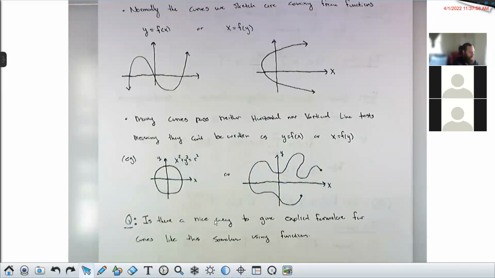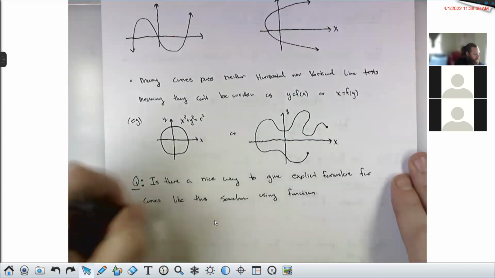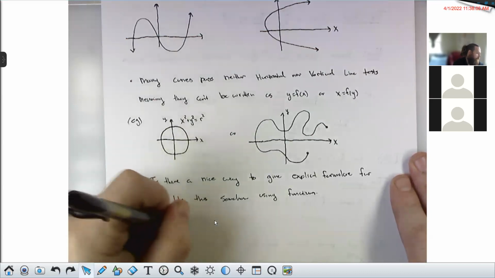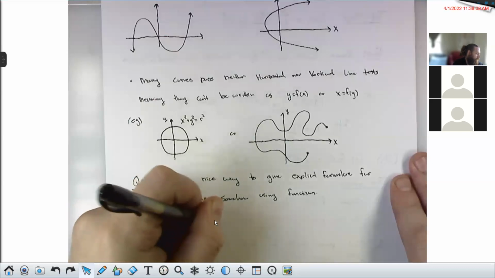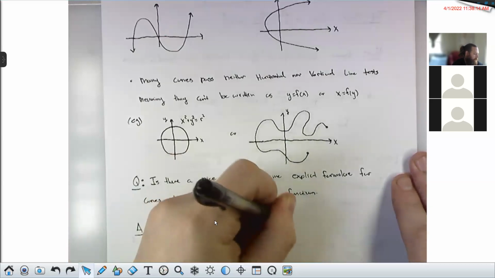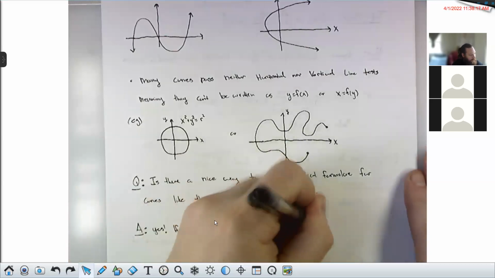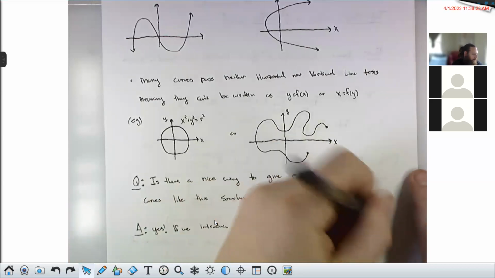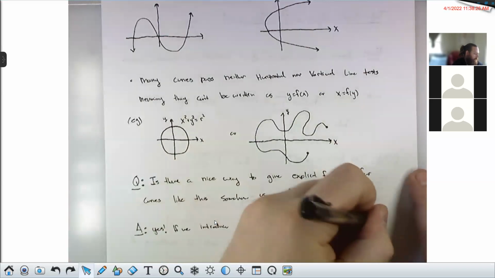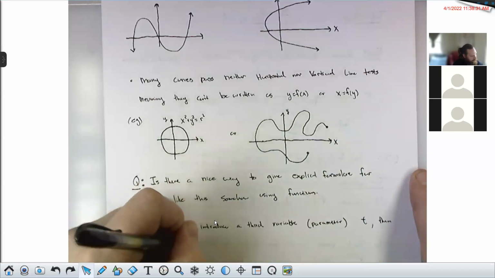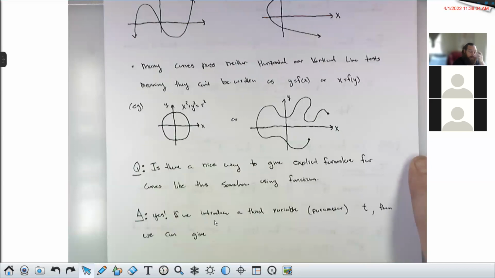Thankfully, the answer is yes. If we introduce a third variable, often called a parameter, t, then we can give x and y not as functions of each other, but both as functions of t.